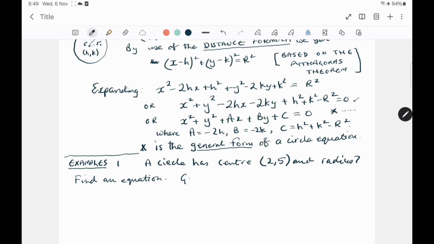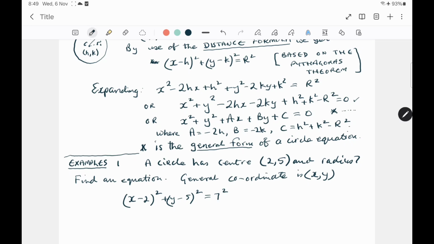Say the general point we'll say is (x, y), if you're using x and y axes. And then by what we've seen already, using the distance formula, (x minus 2) squared plus (y minus 5) squared equals 7 squared.